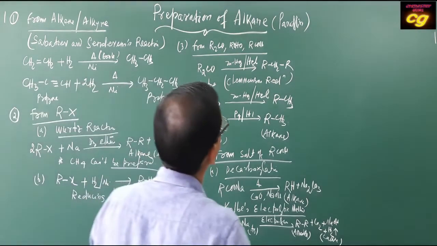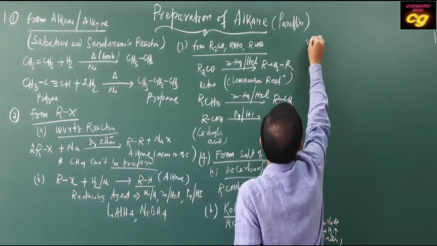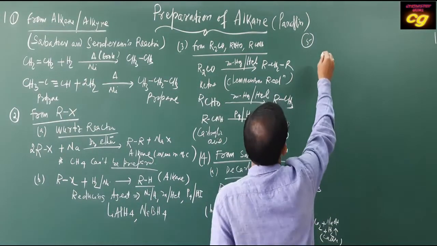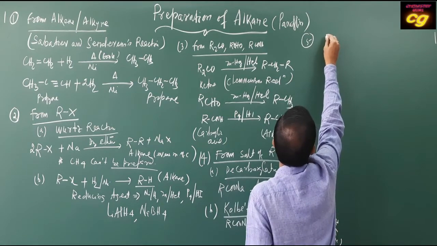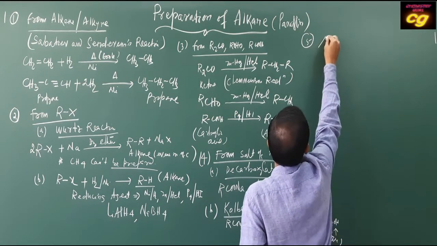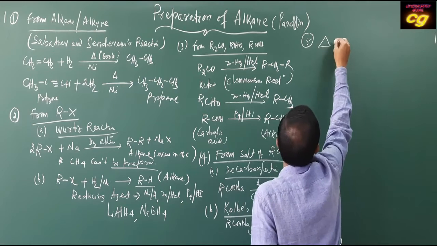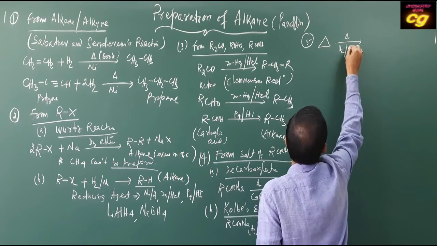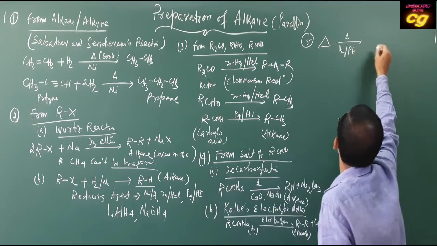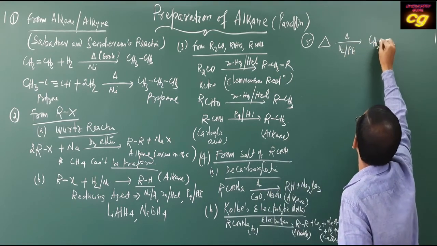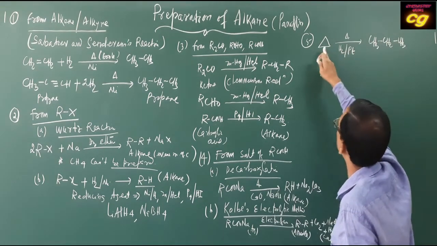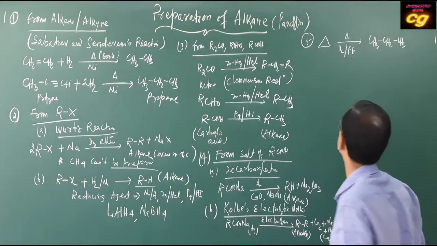Then another method: cyclic compounds can be converted to alkane. For example, cycloalkane when heated in presence of hydrogen and platinum metal produces the alkane having the same number of carbons. Cyclopropane becomes propane.